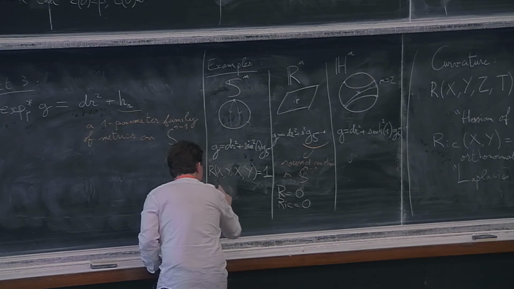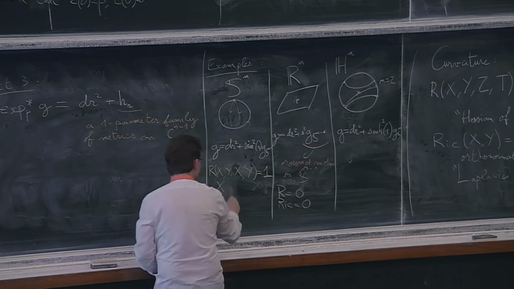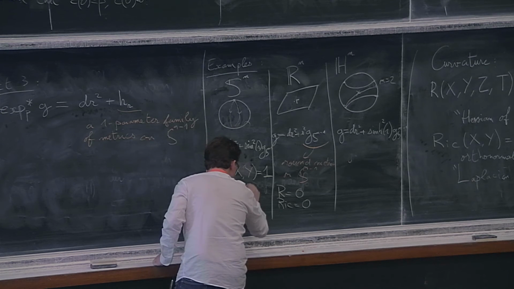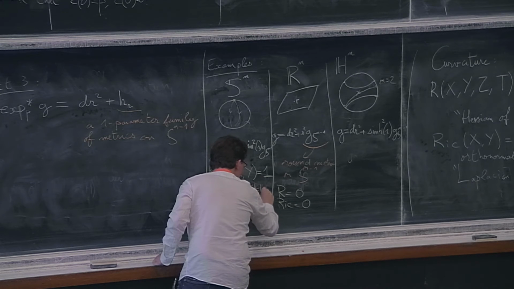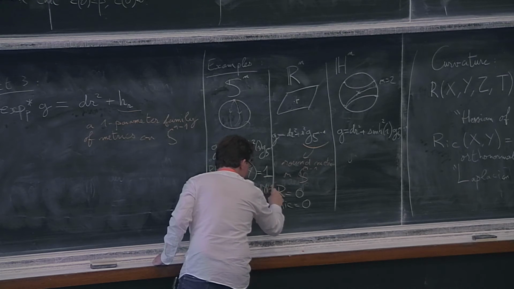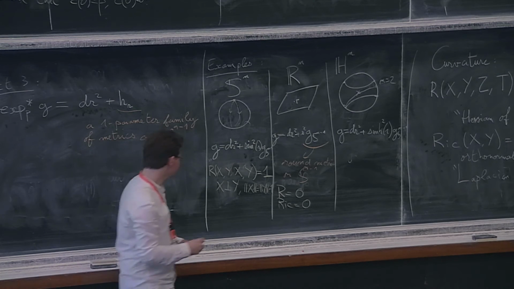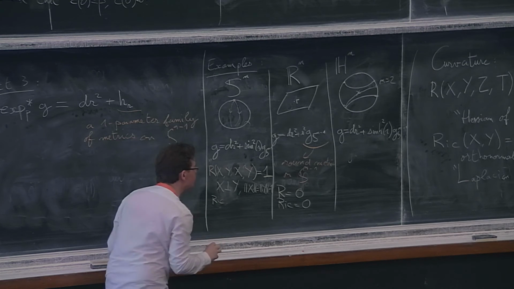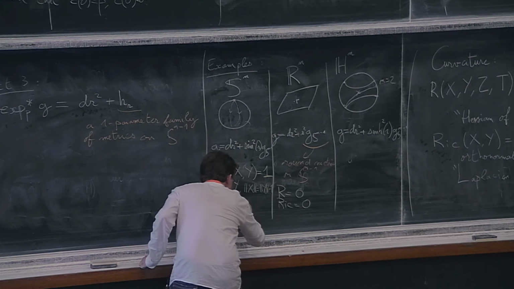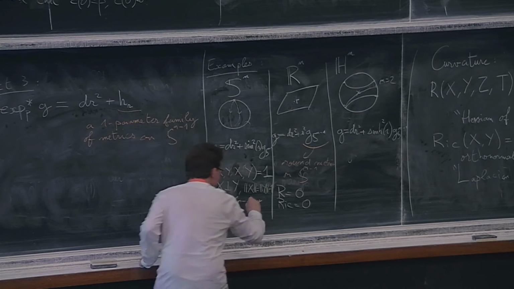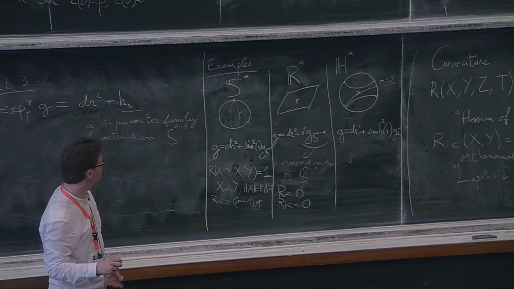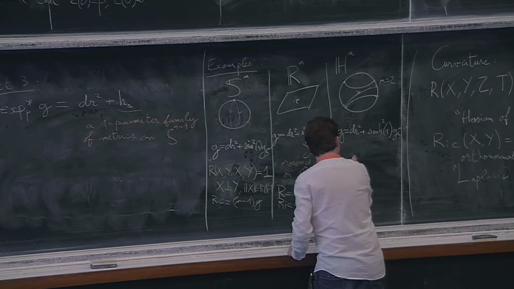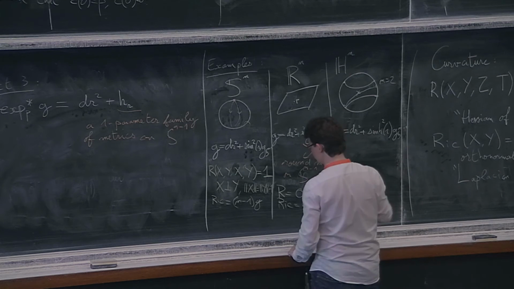I won't need that much, so I won't go into details, but just to give you an idea: if the vectors x and y are orthogonal and have the same norm, the curvature is equal to 1. And from that, it's not too hard to see that the Ricci curvature, which is a bilinear form, is actually equal to n minus 1 times the metric. Here, hyperbolic space.